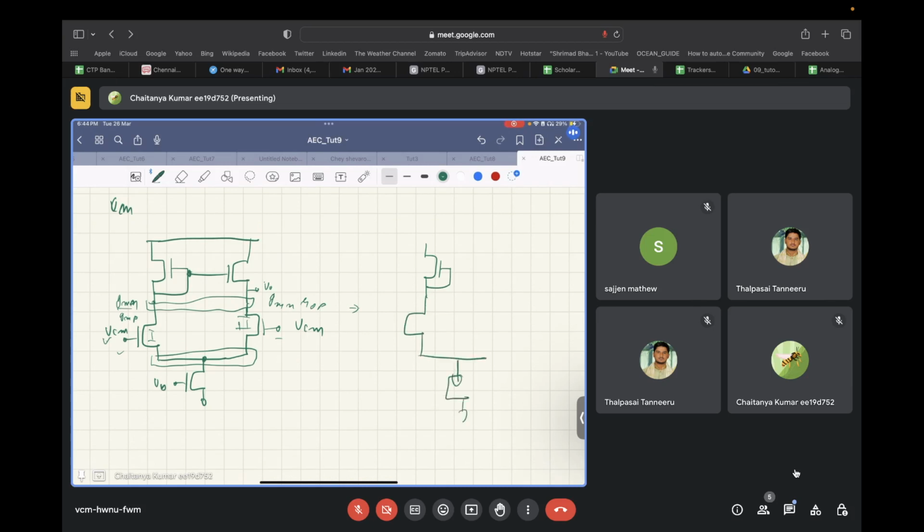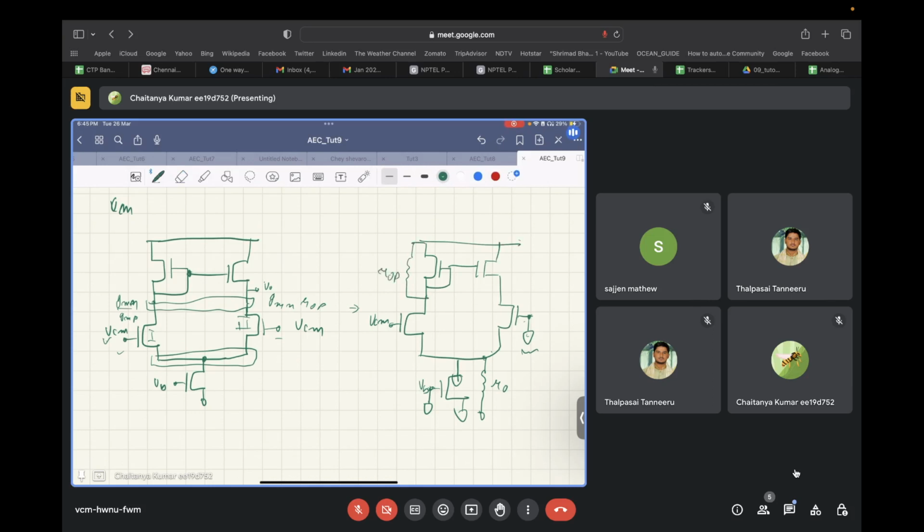So we have VB over here. VB is a biasing voltage, so this is grounded, and some output resistance RO over here. Here we have VCM. And since there is no swing on this, this is AC ground or incremental ground. Okay. So now this is how your circuit looks.